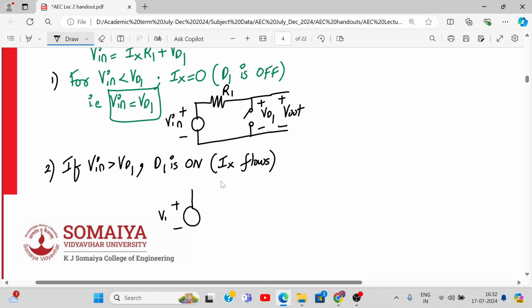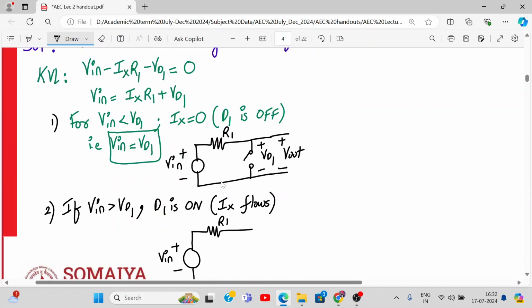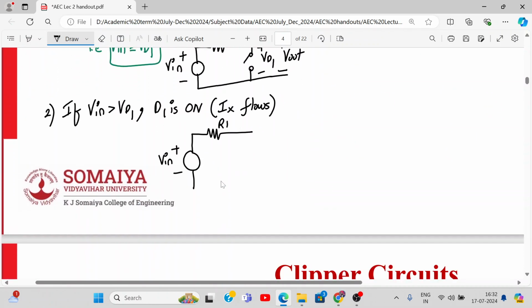So I have V in, R1. When the diode is on, it is replaced with, can you tell me? No, short circuit and a battery. Battery is how much? VD on. Yes or no? And here comes the output. This is V out.